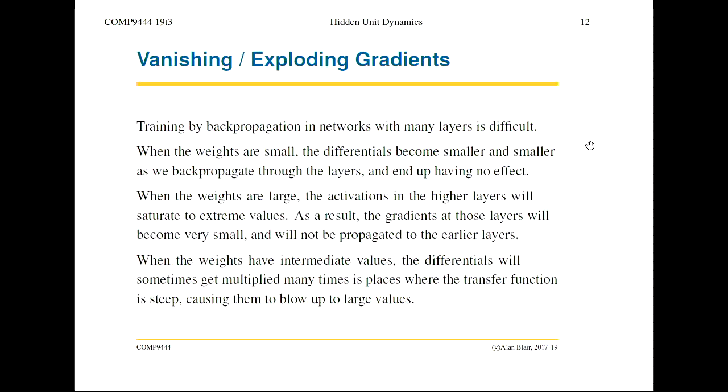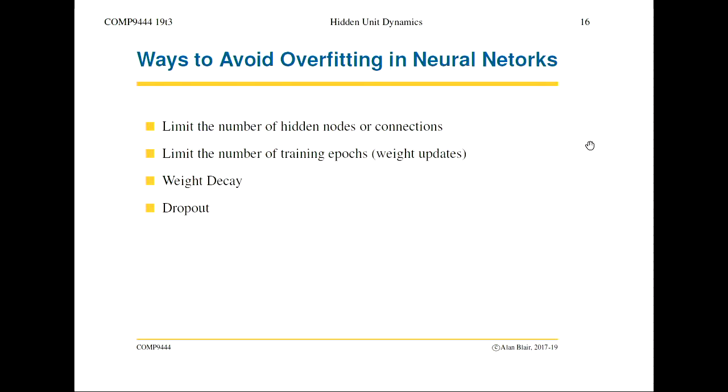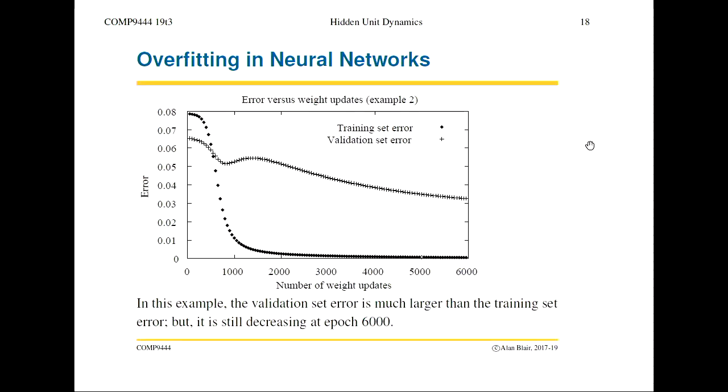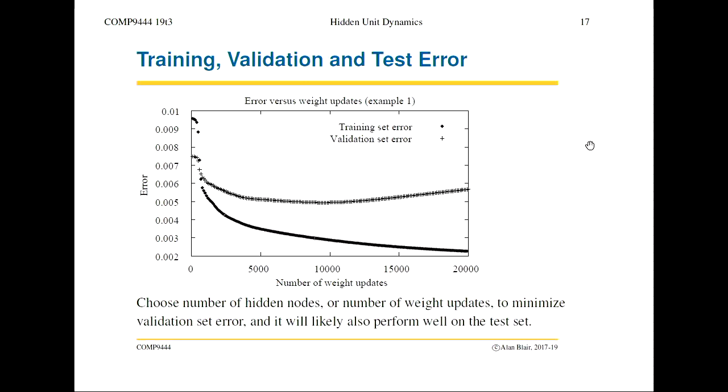Let me just try to make this a little bit more tangible here. These are some examples of what happens. Remember, we have a training set and we have a test set. You can do your training to try to reduce the error on the training set, and you can plot that over time, and you expect that it will decrease.